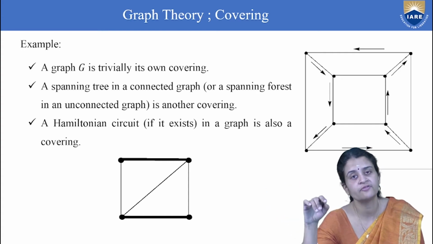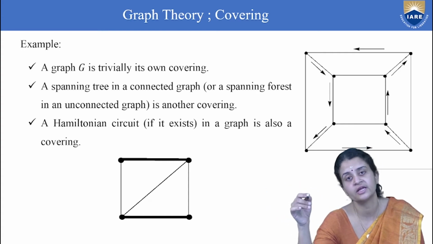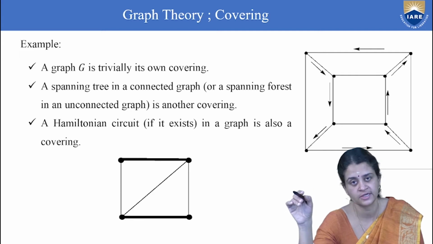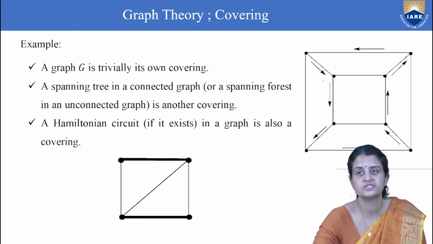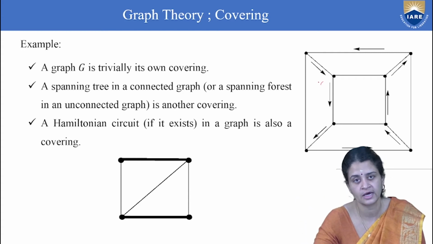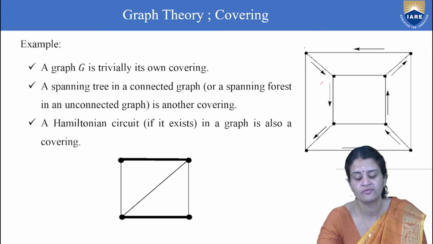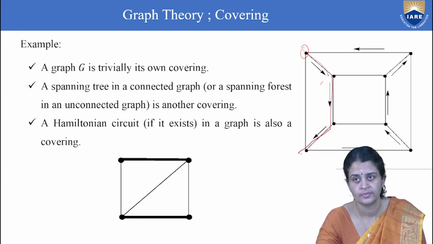We have seen that not every graph has a Hamiltonian circuit, but if a Hamiltonian circuit exists, then it is also a covering. Why? Because consider this graph having a Hamiltonian circuit.